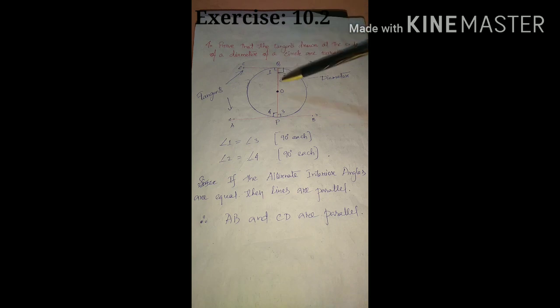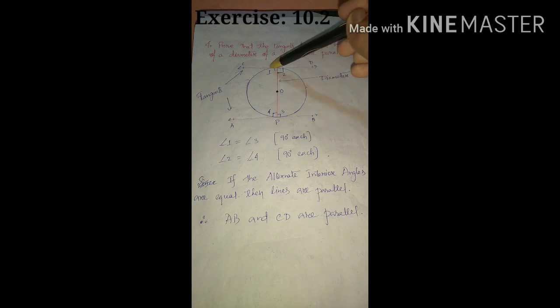Since O is the center and Q is the point of contact, OQ is the radius, and CD is the tangent. The radius and the tangent always make an angle of 90 degrees. Similarly this one is also 90 degrees. In the same way, considering point O, OP is the radius and AB is the tangent at the point of contact, so these angles are also 90 degrees.